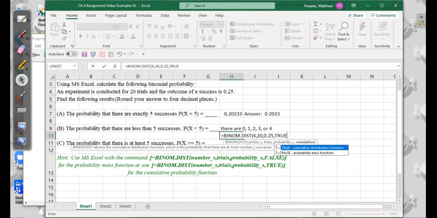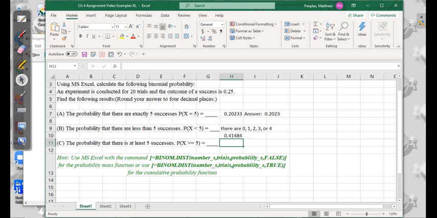That is, it's going to add up all of the probabilities from 0 to whatever number x you enter in this function, and in this case that's 4. Typing in that formula, we get our result. So our answer that we are going to type in for this one would be 0.4148.